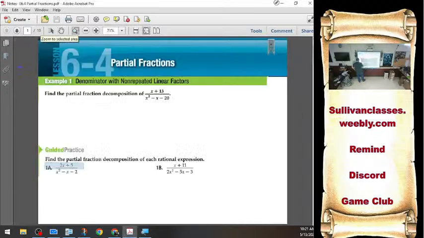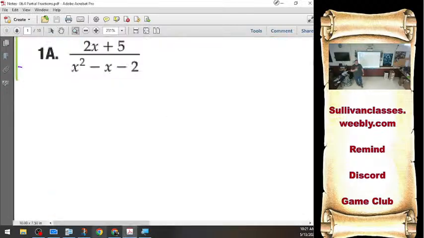So start with baby steps. Start with just 1a. Factor your denominator, write out a over thing plus b over thing.